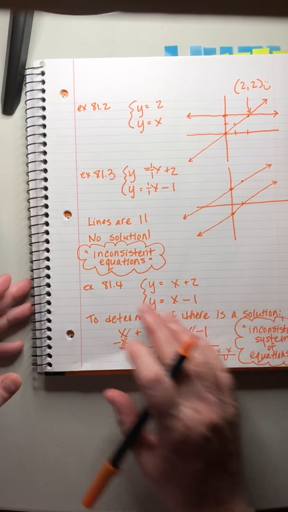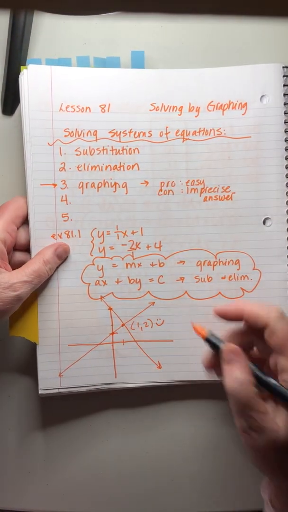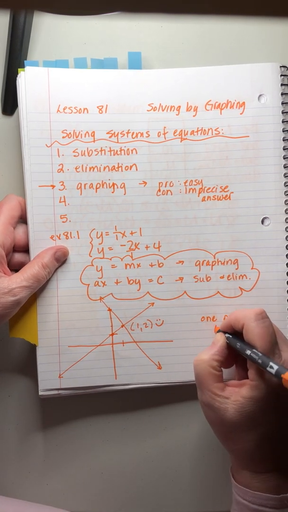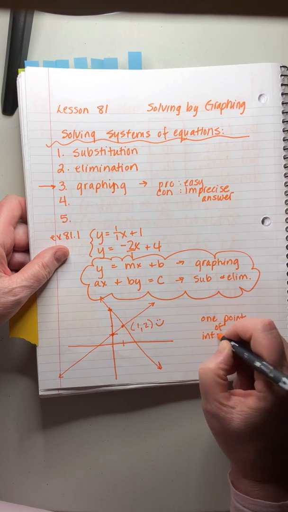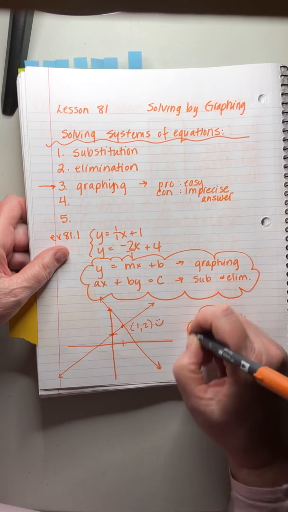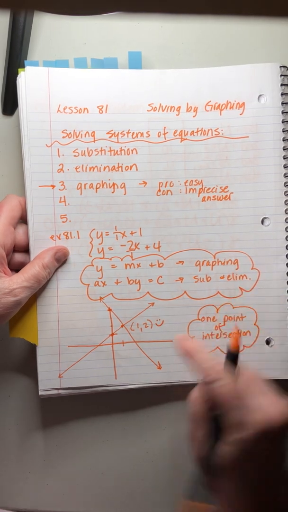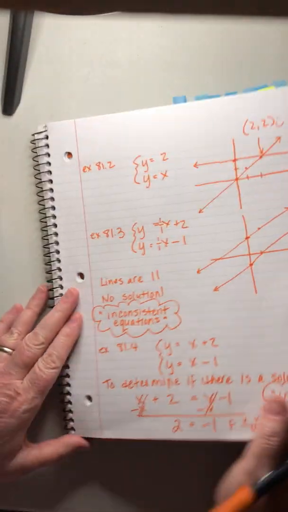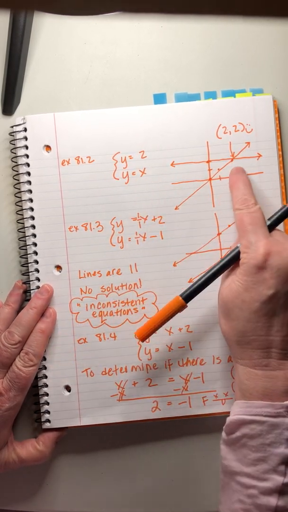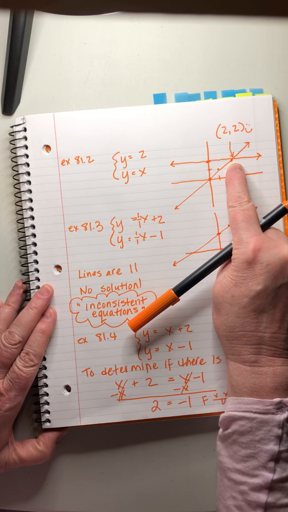Okay, so the first scenario was what we're used to, where we get 1 point of intersection. Okay, there's 1 point. This was a 1-pointer as well, even though it had these freaky looking equations. It got the 1 point that we were used to.